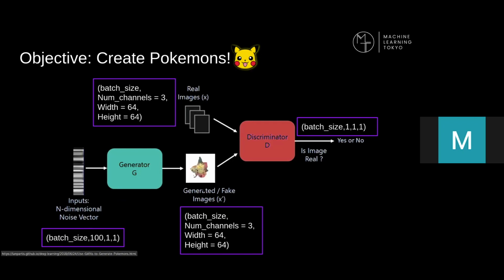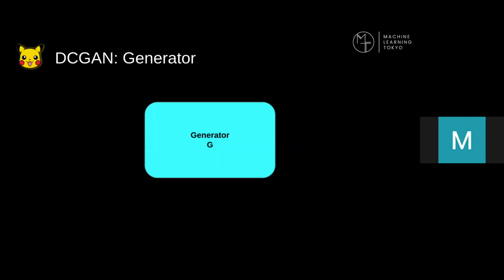It's going to be a colored image, and then the width and height are going to be 64, since it is the generated output and is identical in shape to our real images. Once we have both of them, we can put them inside the discriminator and get a score out of it, and from that we can train the generator and discriminator in the same way that we mentioned in the theory part.